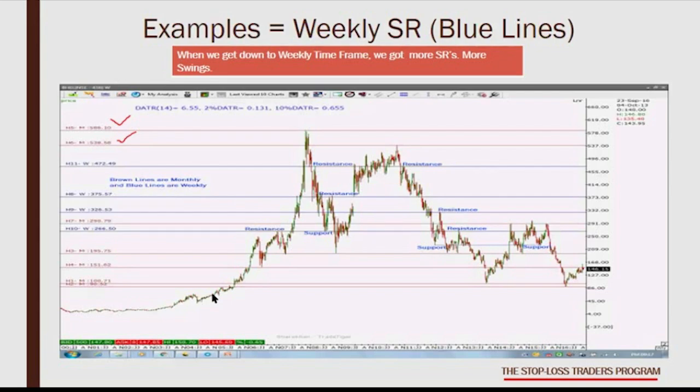Your daily chart can give you a view for your monthly trades as well as for scalping, right? So it gives a view for both.